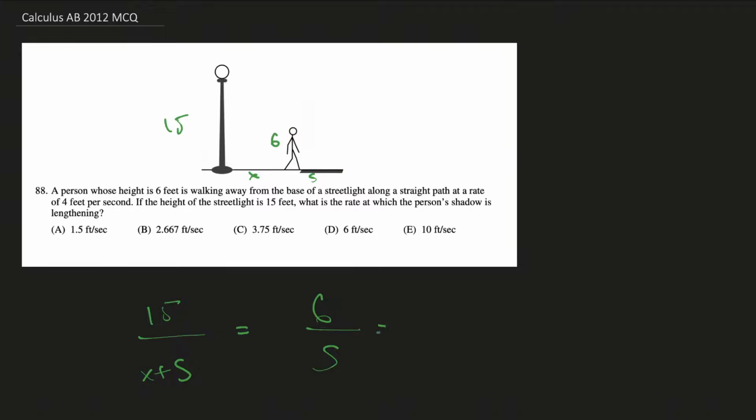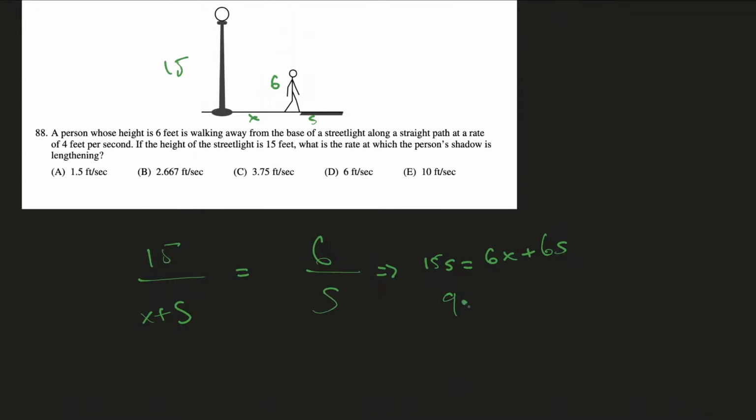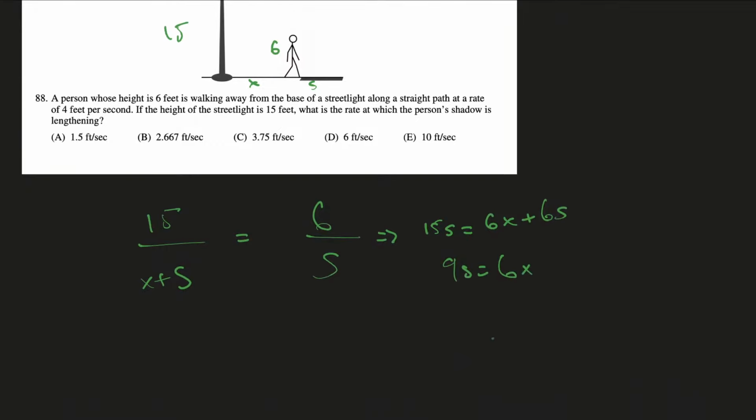Solving for this, you get that 15s is equal to 6x plus 6s, and that 9s is equal to 6x, so s is equal to 2/3 x.